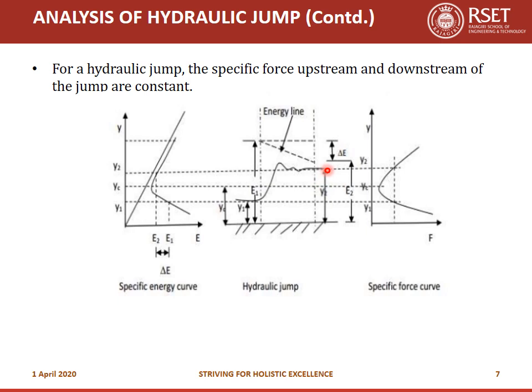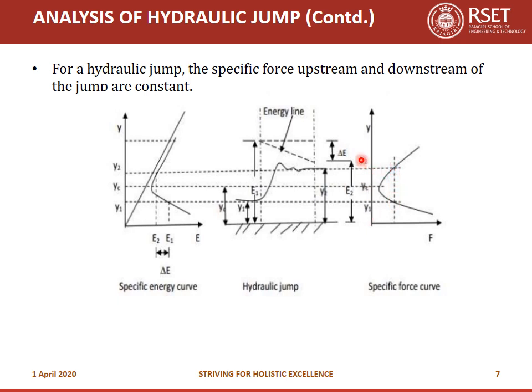If I plot Y2 on the specific force curve and Y1 on the specific force curve, you can see that they correspond to the same value of specific force. Like we discussed before, the specific force is constant upstream and downstream of the jump. And so, corresponding to one value of specific force, I can have two depths, Y1 and Y2, for a hydraulic jump.